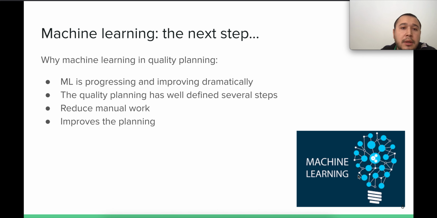It has already shown great results, and also the quality planning that we are going to improve has several well-defined steps, so we can apply machine learning easily to it. And of course, after applying machine learning, we're going to reduce manual work, which implies improvement in the planning, right? So this is why machine learning can be one of the best ways to improve quality planning.